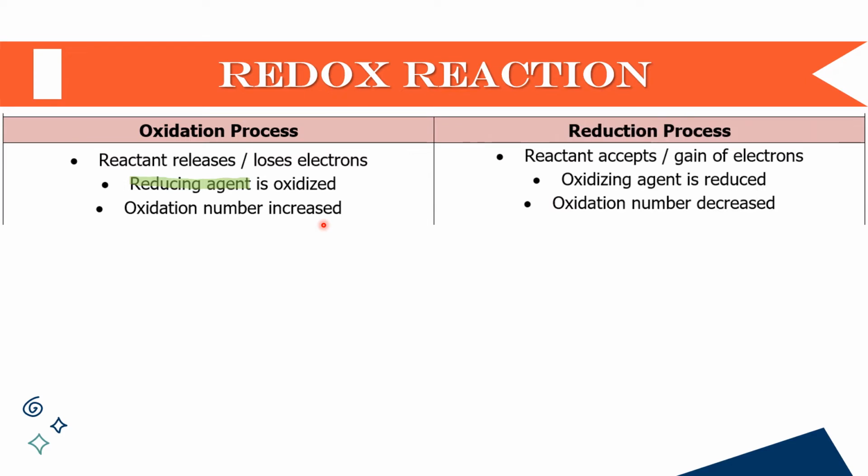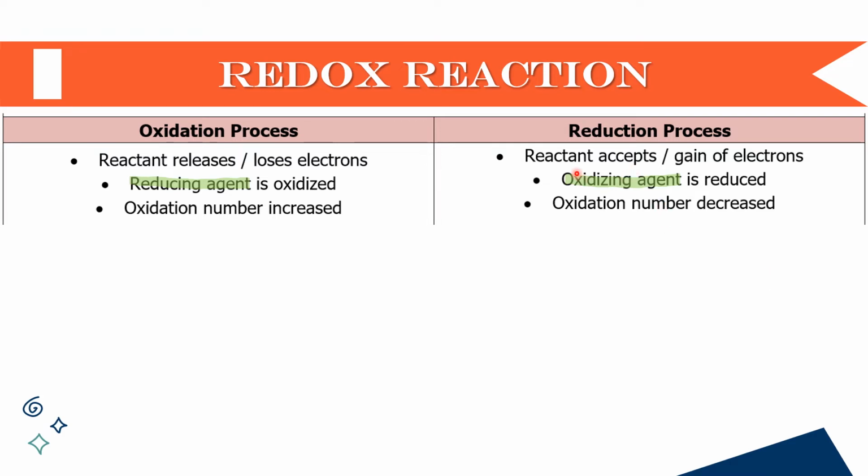Now, for reduction process. Reduction process is when the reactant accepts or gains electron. That particular reactant, if it undergoes reduction process, we call it an oxidizing agent.